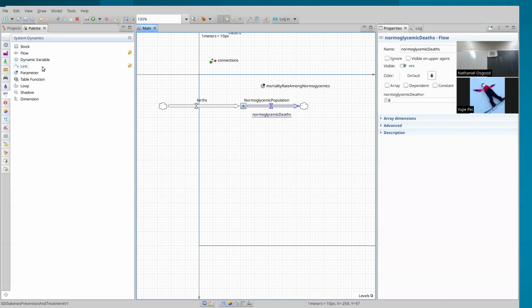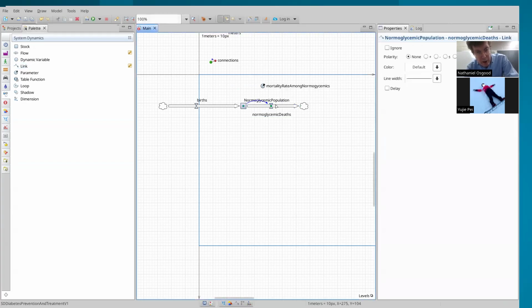The interconnections between things. So what we're going to do is drag in a link from the stock to the flow. Okay.